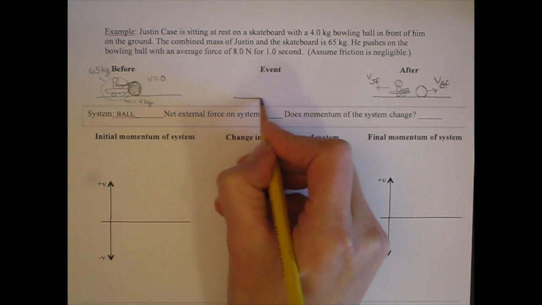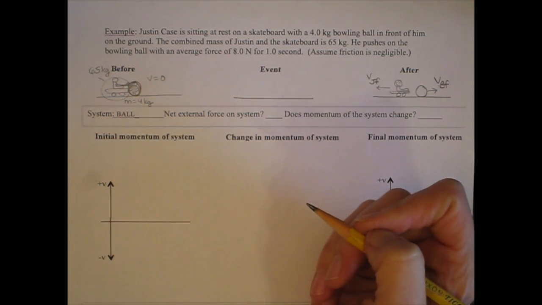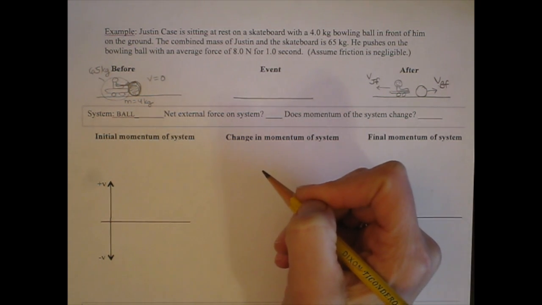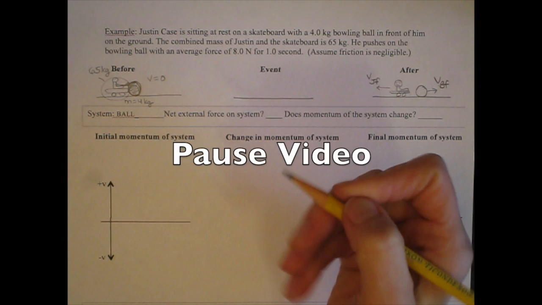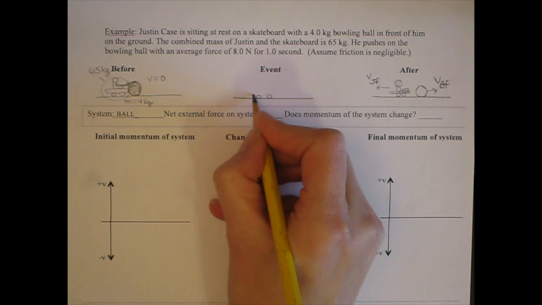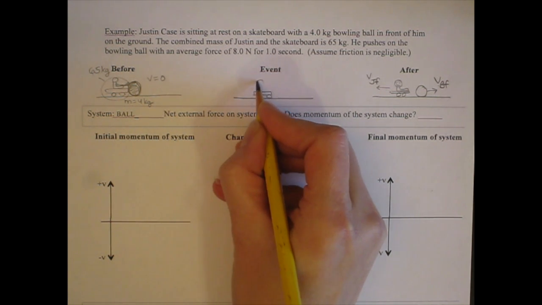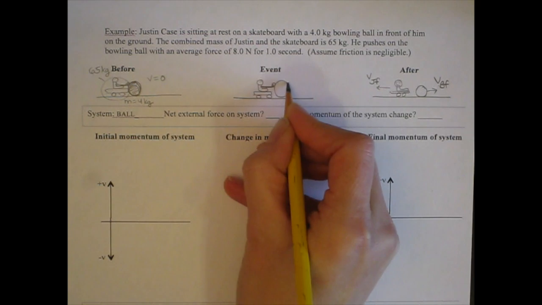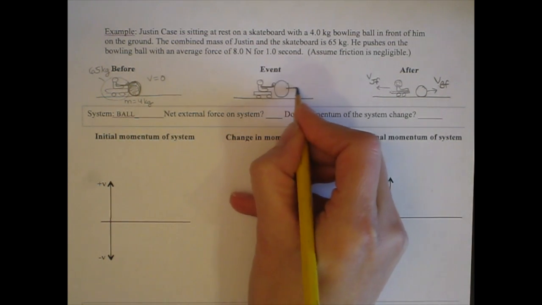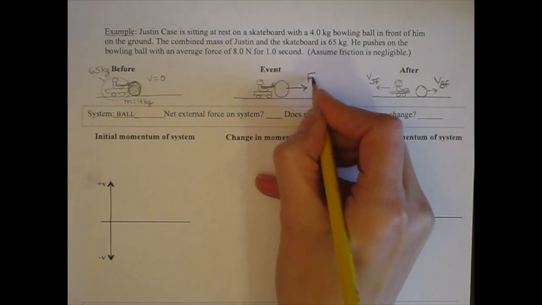Then the event picture should show the forces on each object. So go ahead and pause the video and draw your forces and then check back. So during the collision, or during the pushing of the ball, there's his super long arm, there's going to be a force of Justin on the ball.